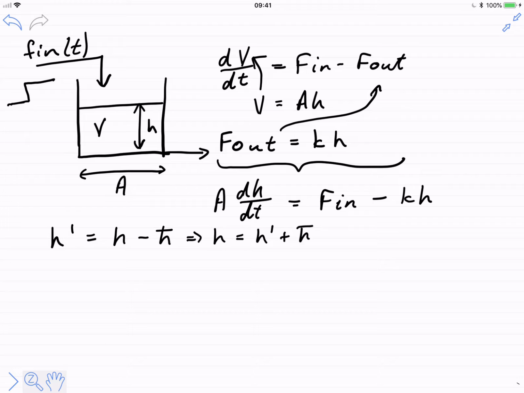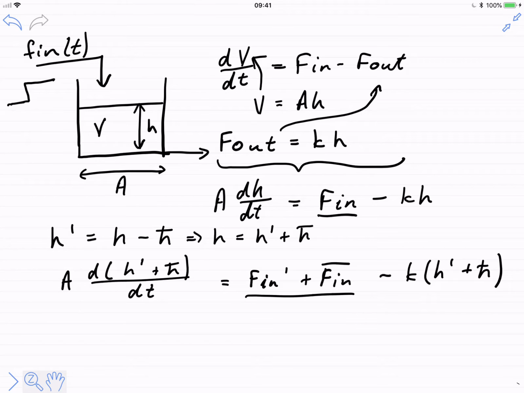And now we're going to substitute that into both of the h's in that equation. We're also going to substitute in the deviation form of f in, which is defined exactly the same way, right? So I've done my deviation variable substitution, and I'm now going to simplify.